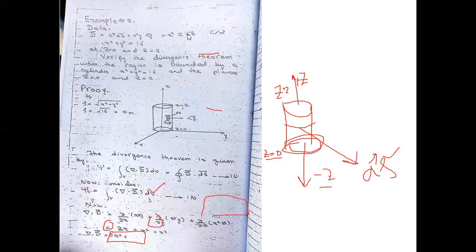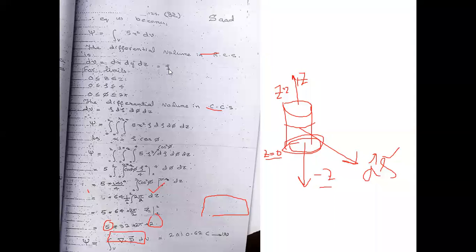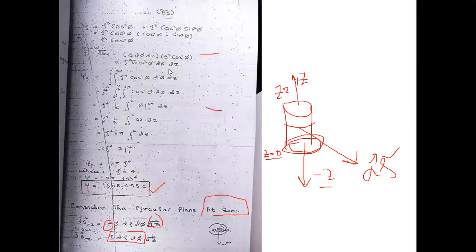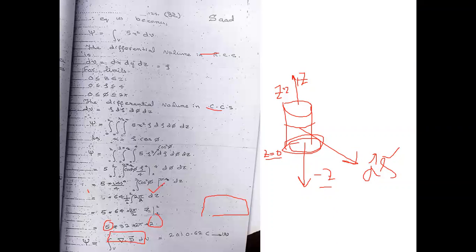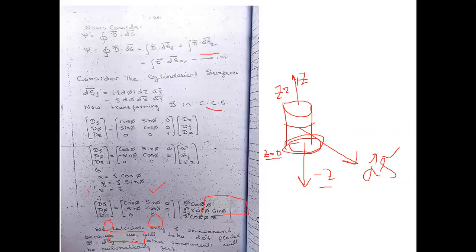We will use only this portion, because when we apply the dot product of a_z with the a_z portion of dS, we will get 1 from this one, and if we multiply the dS portion with the D_y and D_x, these will be equal to 0 because of the dot product. So only the D_z portion of D will be used.